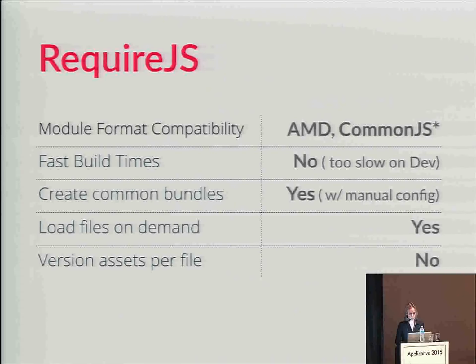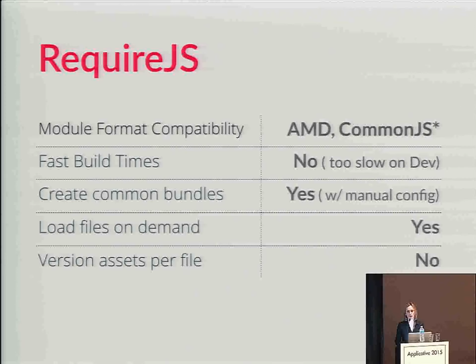RequireJS first. It's compatible with AMD, of course, because it is its own module format anyway. It's also working with CommonJS, but the documentation is very clear: maybe some files won't work, so that's kind of a no-go. Fast build time: for deployment, it's okay, but when you are on dev, it's rebuilding every single bundle.